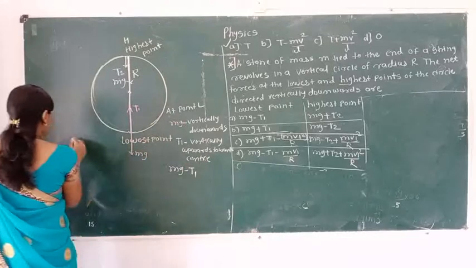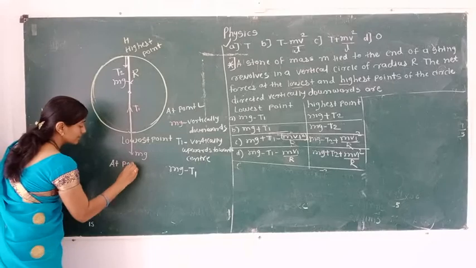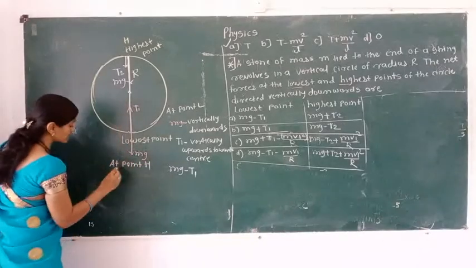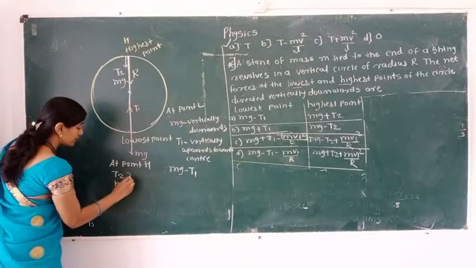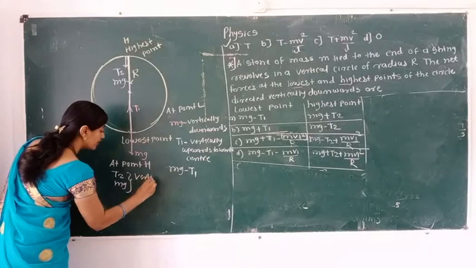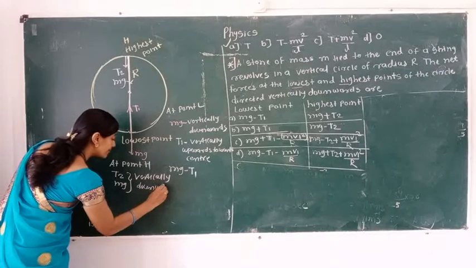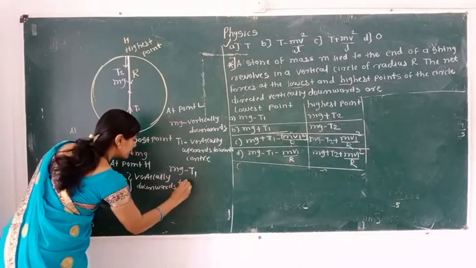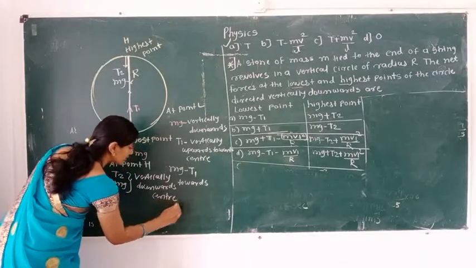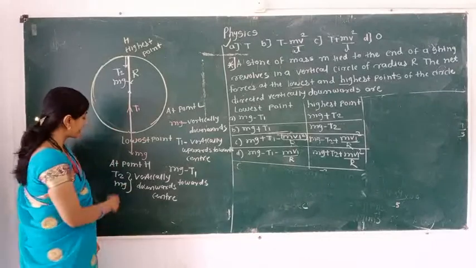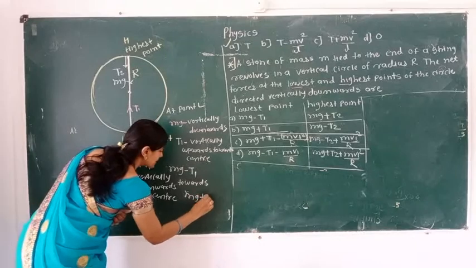Now we can find at point H. At point H, here also two forces are there. The force due to tension T2, the force due to weight mg. They both are vertically downward. They both are directed vertically downwards towards the center. So here for the necessary centripetal force we will get at point H is here mg plus T2.